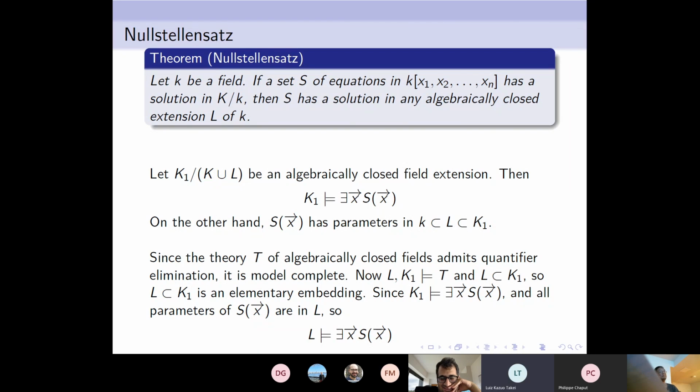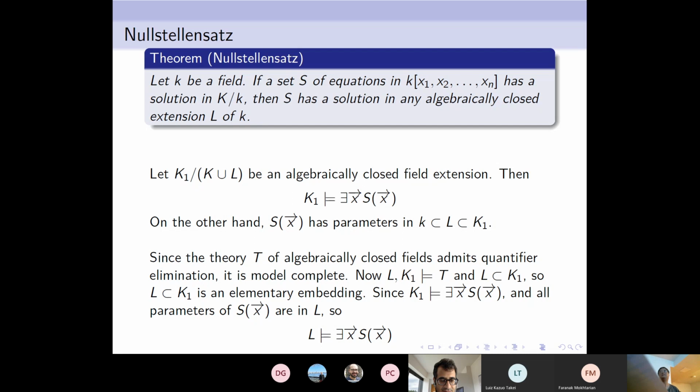Oh, Franak is raising her hand. I have one question. Why is it called Nullstellensatz? What's the reason for choosing that name for the theorem? Nullstellensatz comes from German.